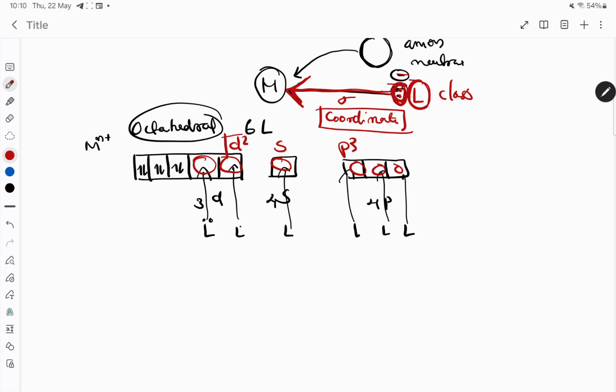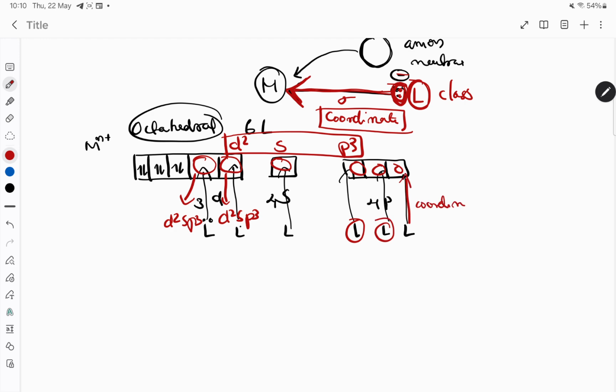That is d2sp3. Each one is d2sp3. Each newly formed hybridized orbital receives the electron pair from a ligand, so each one is a coordinate bond.